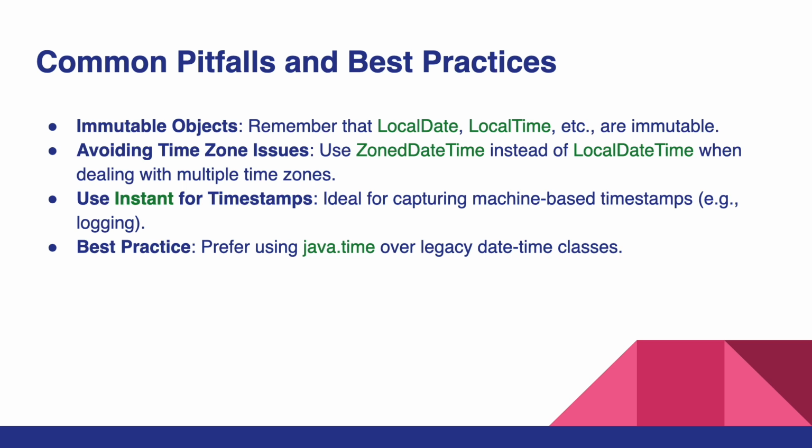Common pitfalls and best practices. While the Java 8 date and time API offers many advantages, developers should be mindful of common pitfalls. Immutable objects: remember that classes like LocalDate and LocalTime are immutable.